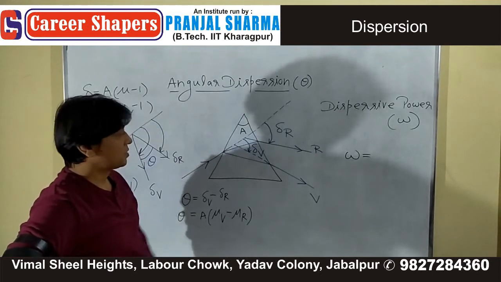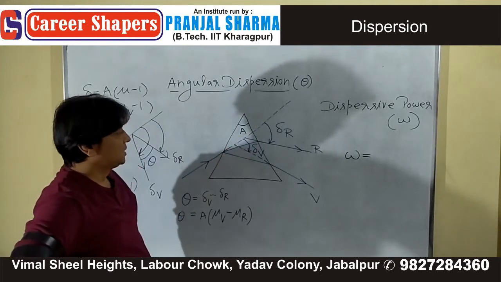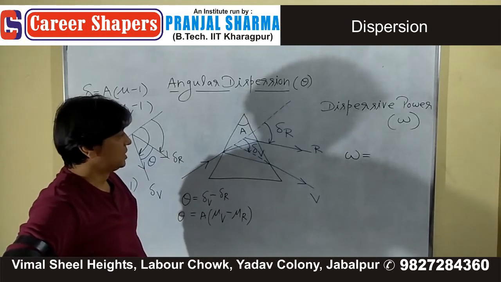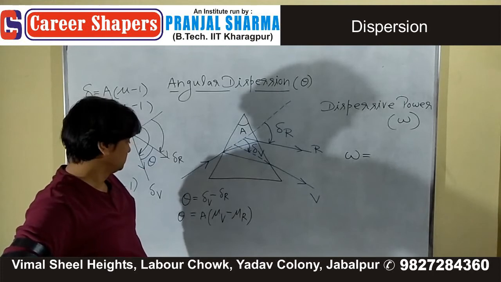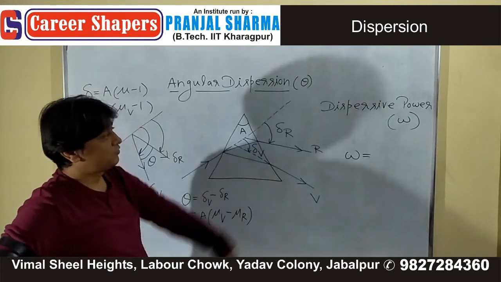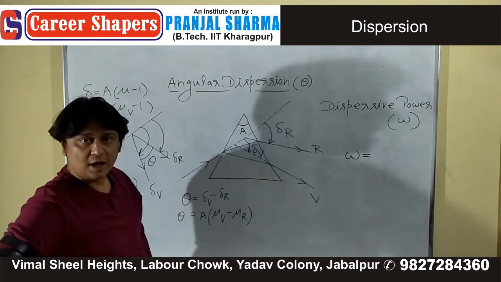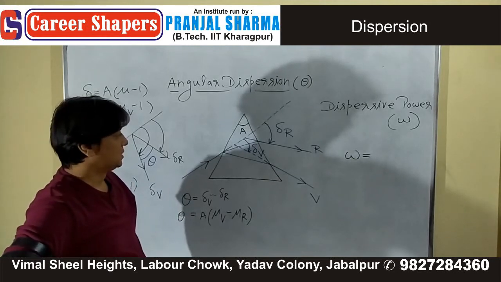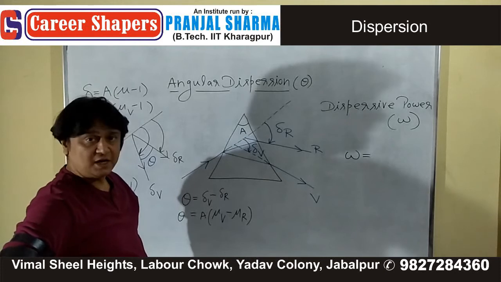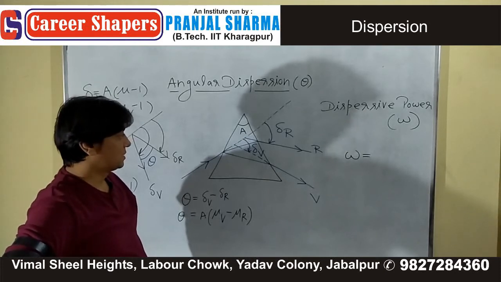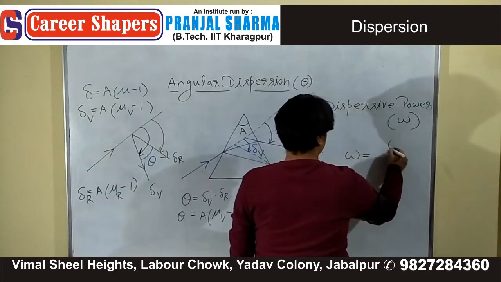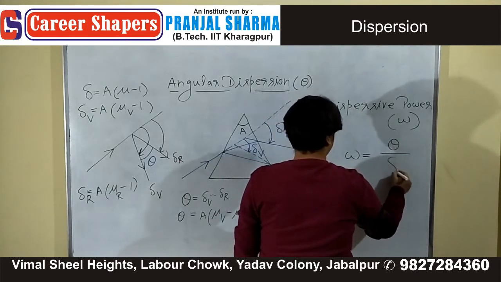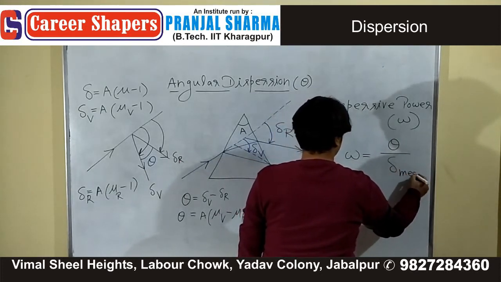Dispersive power omega is the ratio of angular dispersion and mean color angular deviation.